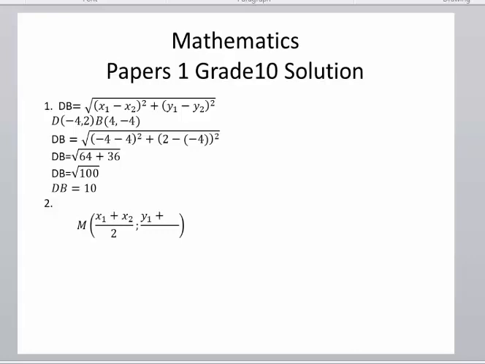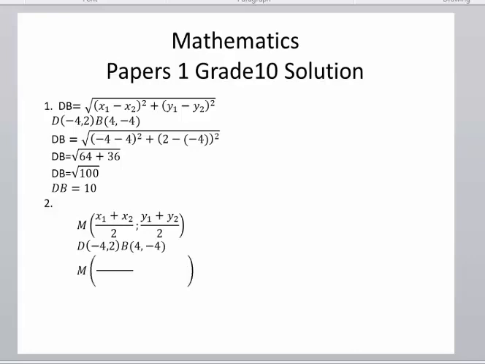You already know what D and B's coordinates are: D is -4 and 2, and B is 4 and -4 again. The nice thing is that you are using the same points that you had in question 1.